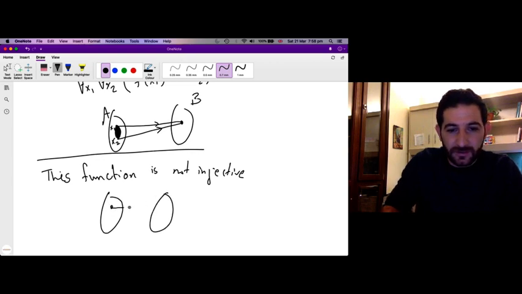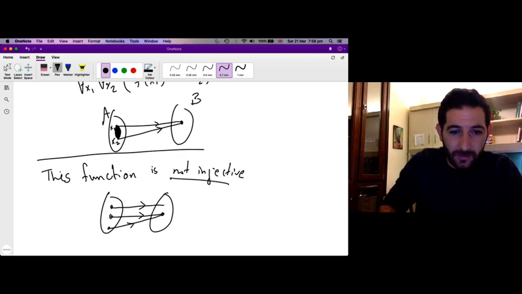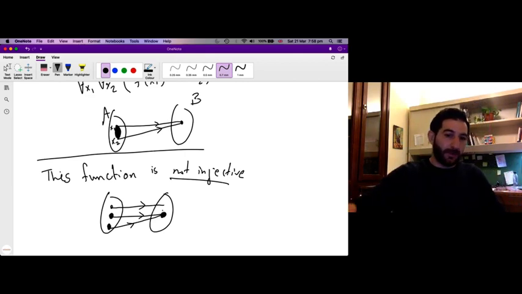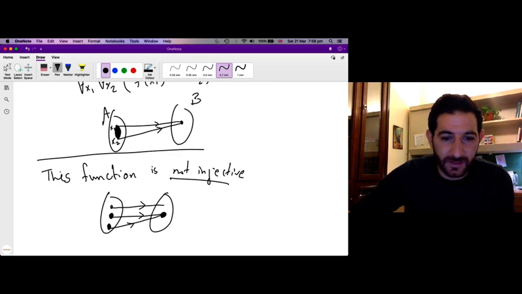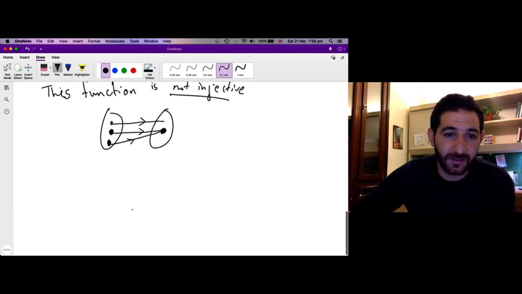So imagine this has this image, and this has this image, and this has the same image as the previous one. So this is not injective because look at these two elements, they are different but they have the same image. Okay, so this is an example of a function which is not injective.